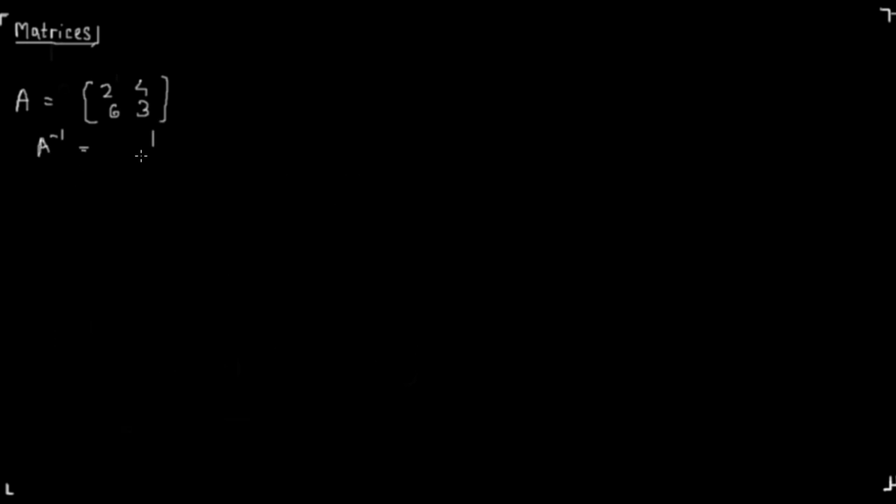With the formula, one over the determinant of A, we swap these places: 3, 2, then minus 4, minus 6. The determinant of A is 6 minus 24, which is minus 18.